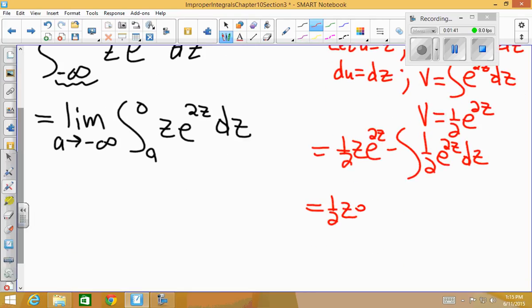One half z e to the 2z. When integrating the 1/2 e to the 2z, we get another 1/2, so this actually becomes negative 1/4 e to the 2z, plus c. So that's an antiderivative.